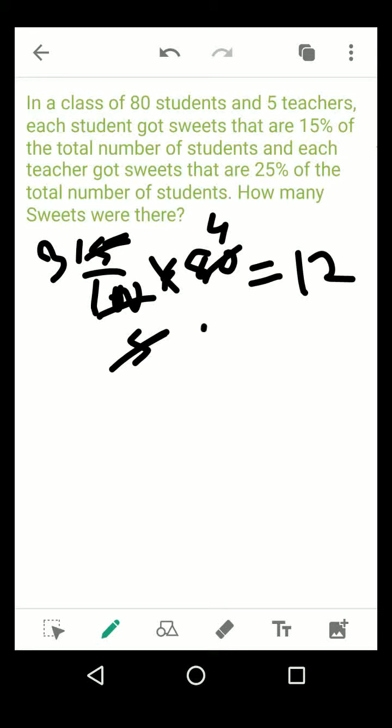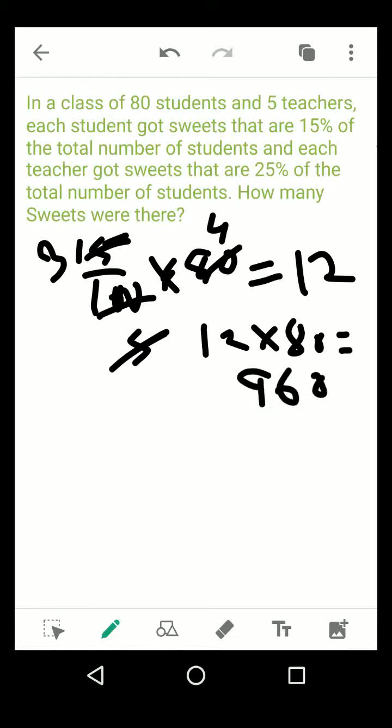So 80 into 12, we will get the answer 960. 12 eights are 96, you need to add 0, that is 960 sweets are distributed among the students.